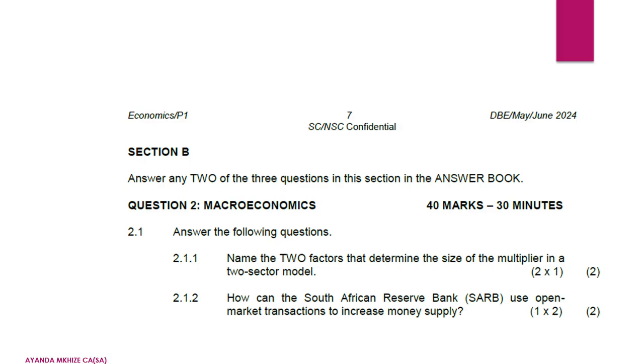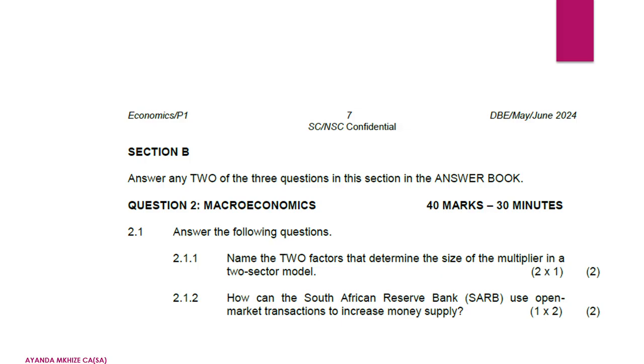In order for you to understand and be able to answer this question, you first need to understand the multiplier and the two-sector model. Let us remind ourselves, in a two-sector model of households and firms, the multiplier effect refers to how an initial change in spending, either by the households or the firms, leads to a larger final change in aggregate income and output.